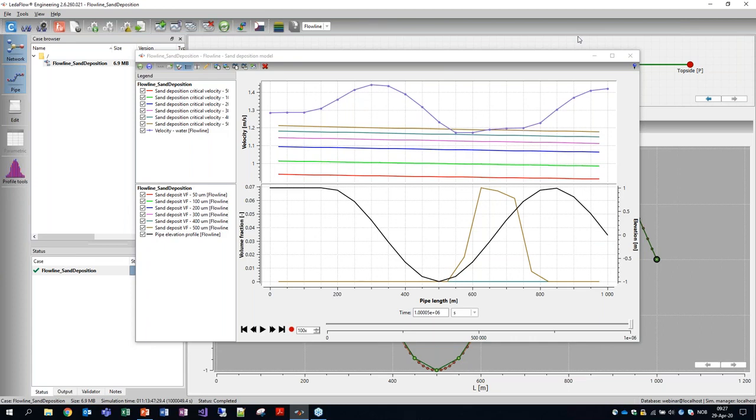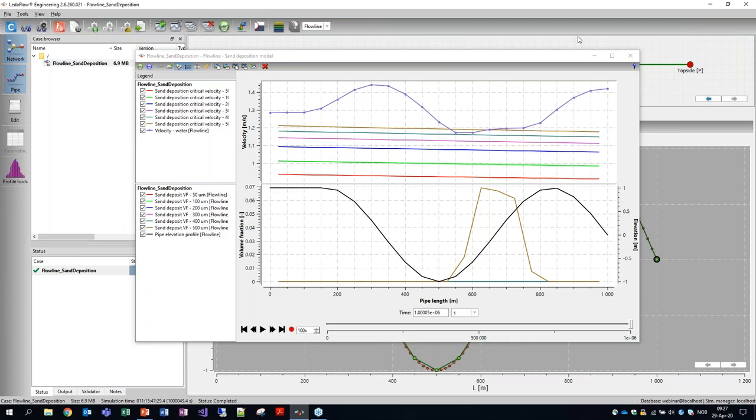I'm just typing in as we go along. I think this is the last question, which is good because we're nearly out of time. When the fluid velocity comes back to be higher than the critical velocity, what is the behavior of the sand bed already deposited?